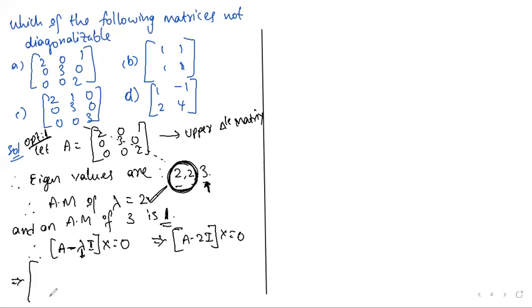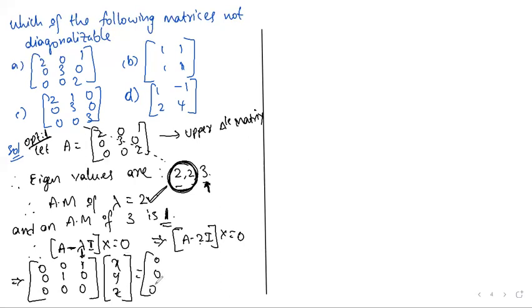That implies 2 minus 2, 0, 1, 0, 3 minus 2, 0, and 0, 0, 2 minus 2, so we get 0, 0, 1, 0, 1, 0, and 0, 0, 0. And x, y, z equals 0, 0, 0.